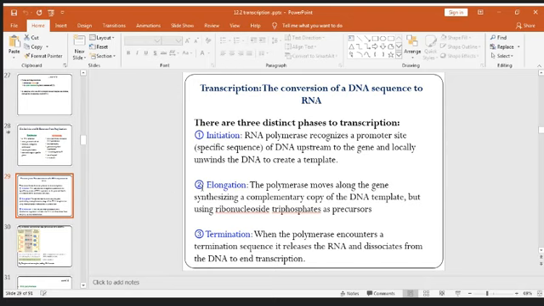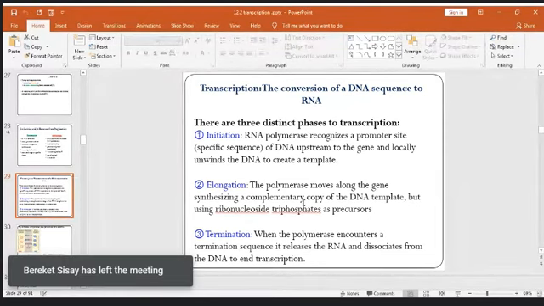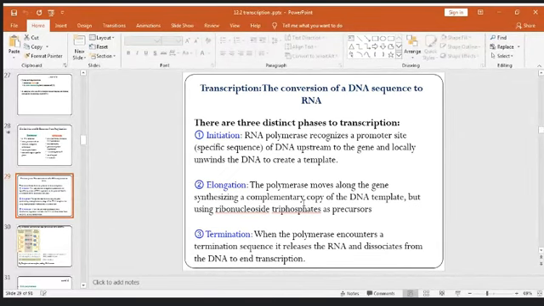The elongation process involves the polymerase: once the initiation complex is formed, the polymerase starts to move along the parental gene sequences and synthesizes a complementary copy of the template DNA molecule. It synthesizes a single-stranded RNA from the template DNA, but using ribonucleotide triphosphates as a precursor.